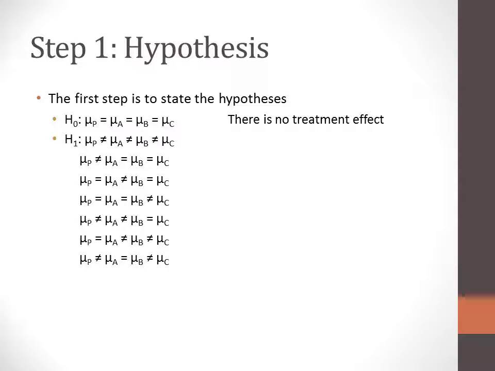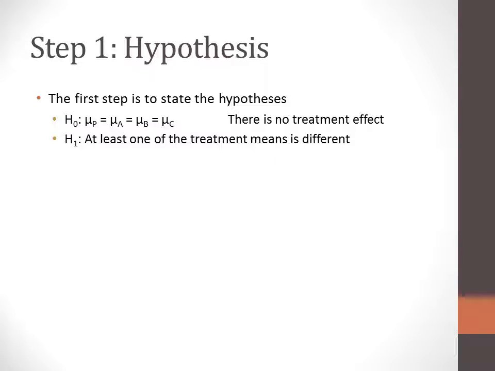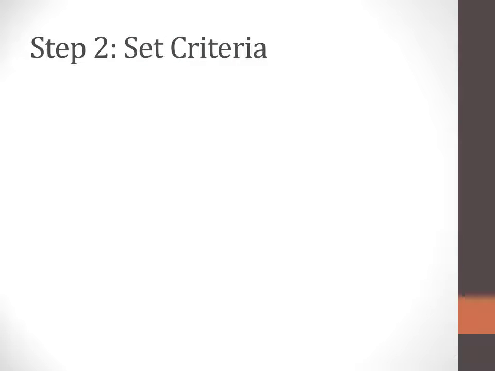So rather than list all possible combinations in general, it's just common to state that at least one of the treatment means is different. So if you feel like listing all possible combinations, by all means, feel free to do so. However, it's not necessary. You can simply state that at least one of the treatment means is different. Now we can go on to step 2 and set our criteria.